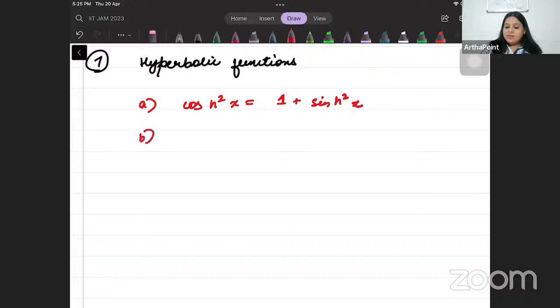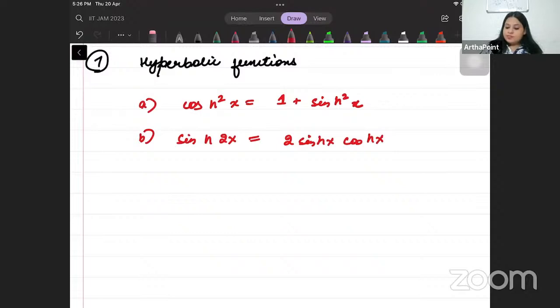And then sin h 2x, these are all hyperbolic, is 2 sin hx cos hx, right?